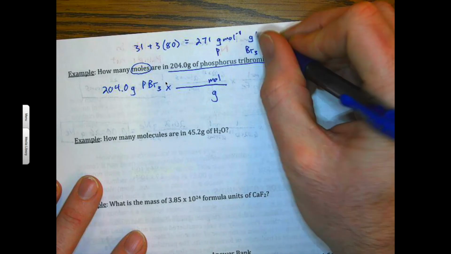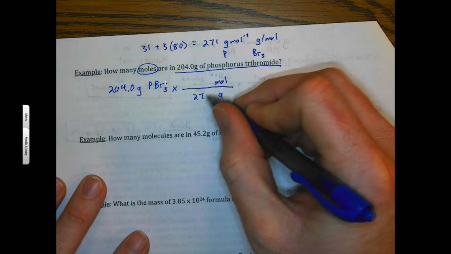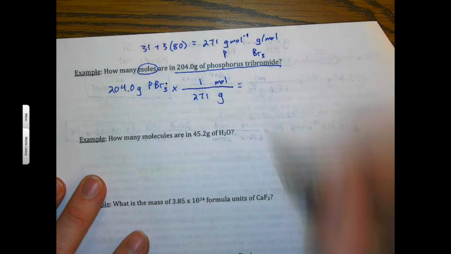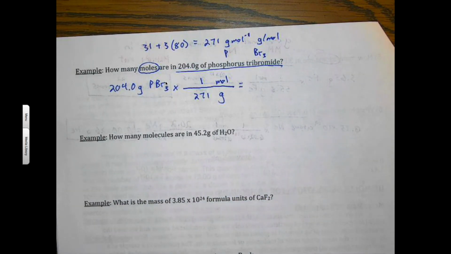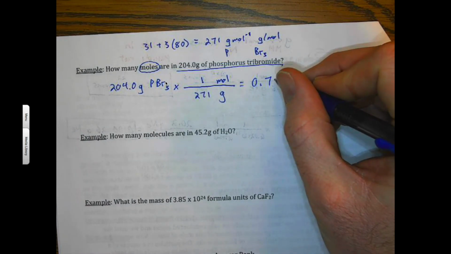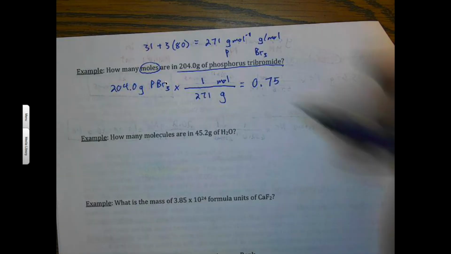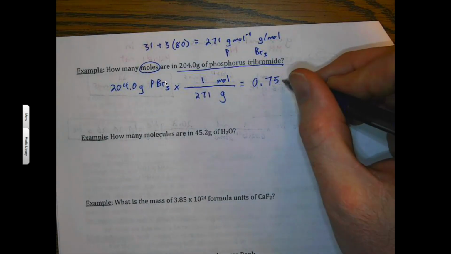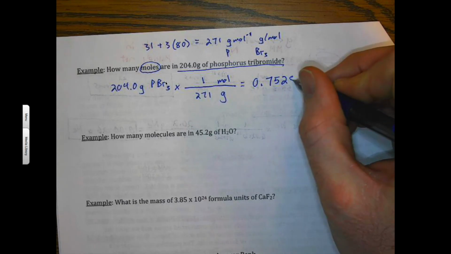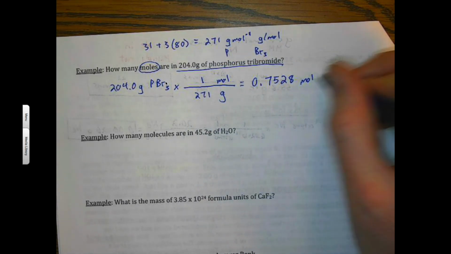That should be grams per mole. So that's going to be 271 grams per 1 mole. And so that's going to end up being 0.75. I didn't do enough decimal places on my answer key. 204 divided by 271 is going to be 0.7528 moles of PBr3.